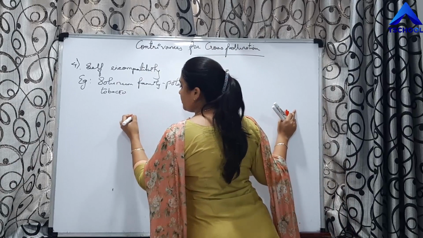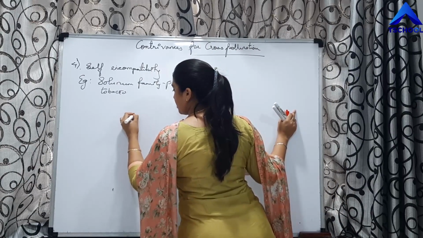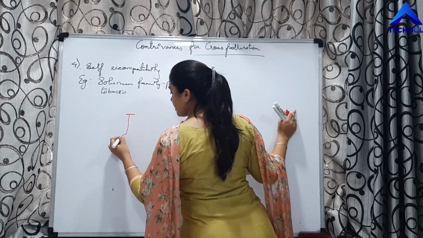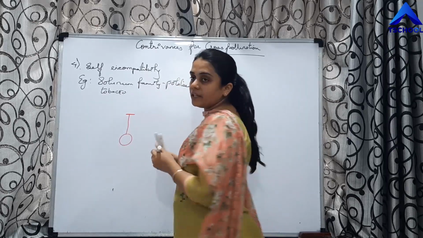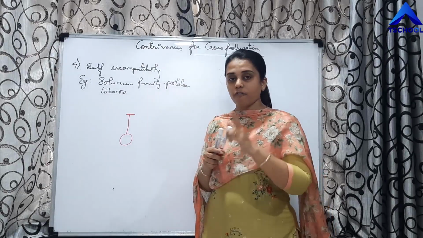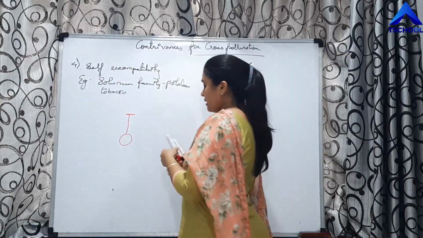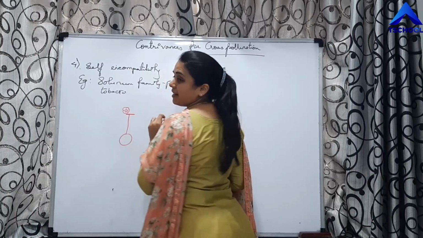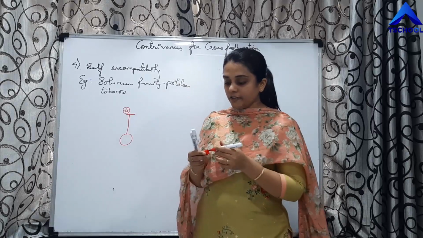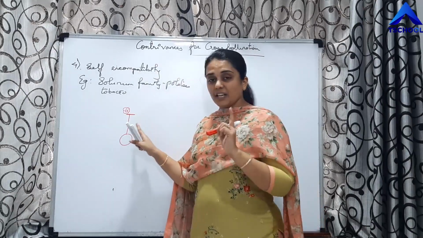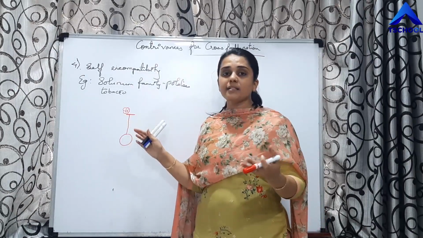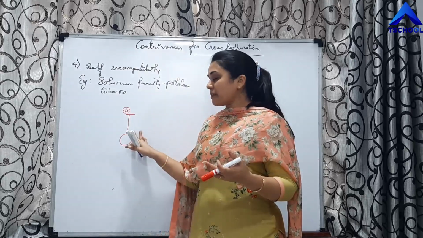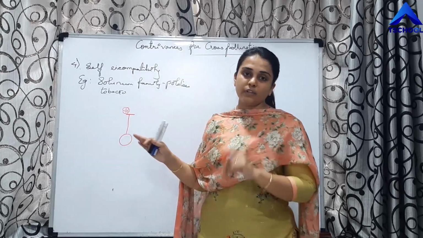Say this is the stigma, style and ovary of one flower, of one plant, right? Say this is the pollen grain of the same plant, and that is why we have drawn it with the same color. Say for example it is a bisexual plant, so it possesses the male part as well as the female part.